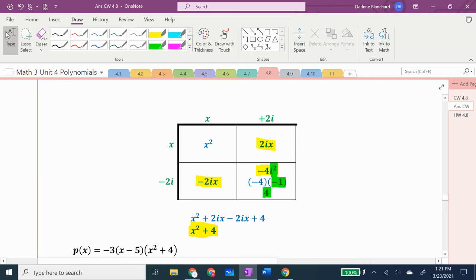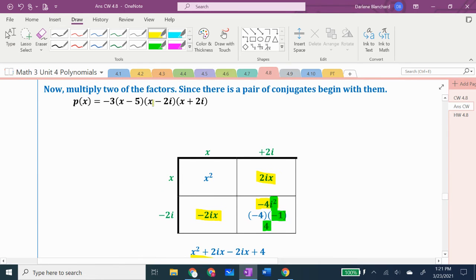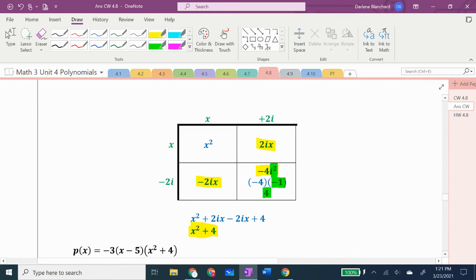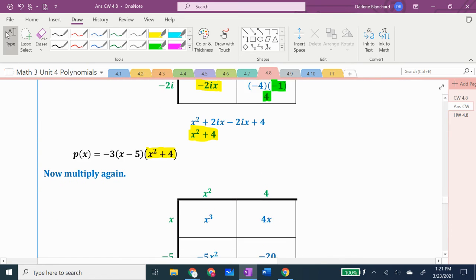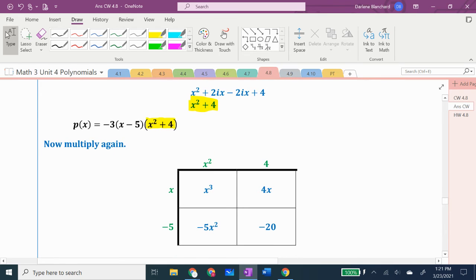So now, going back to the original polynomial, this pair of factors is now x squared plus 4. Still got to multiply. So x squared plus 4 multiplied by x minus 5.